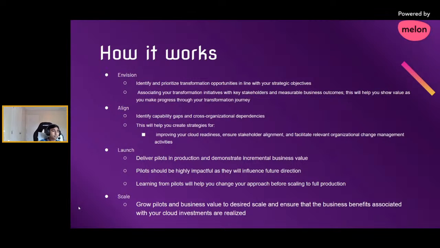For envisioning, you can identify and prioritize transformation opportunities in line with your specific strategic objectives. You will be able to associate your transformation initiatives with key stakeholders and measurable business outcomes. And this is ultimately going to help you show value as you make progress throughout your specific transformation journey.